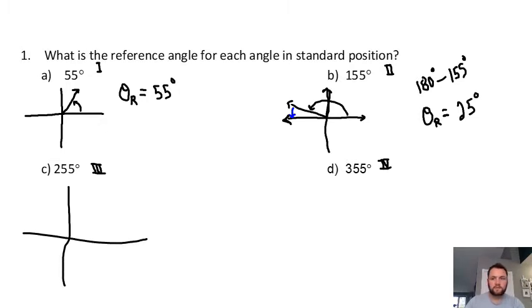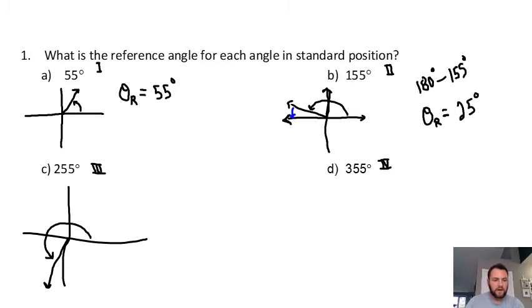Okay, again, if I have a Cartesian plane, 255 degrees is going to be in quadrant 3, and it's going to be really close to this bottom y-axis because it is almost 270 degrees. Okay, so here is my standard position angle. Again, I'm not thinking about my y-axis.